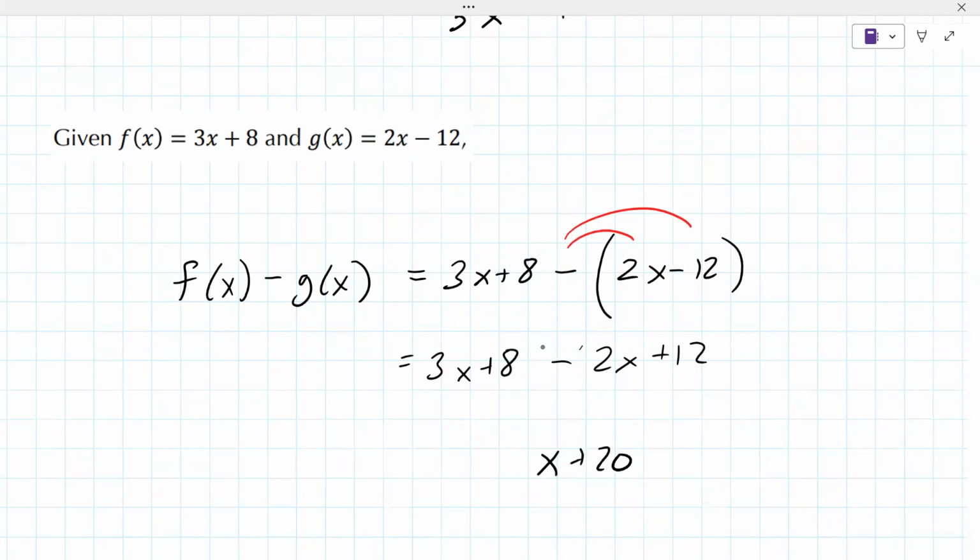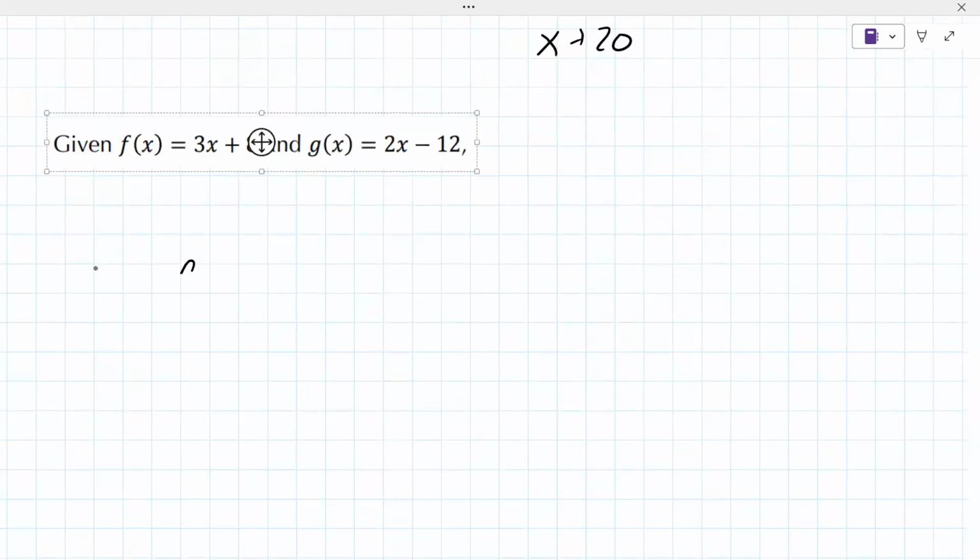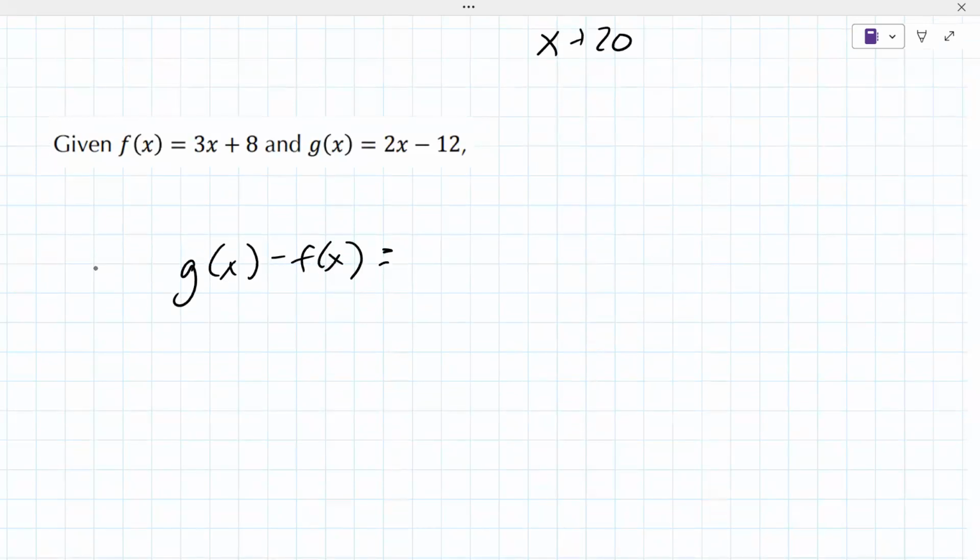Okay, very good. So just to see if you've got it, let's try another one. Let's have you do g of x minus f of x, please, which is not the same as the previous problem. The order does matter.